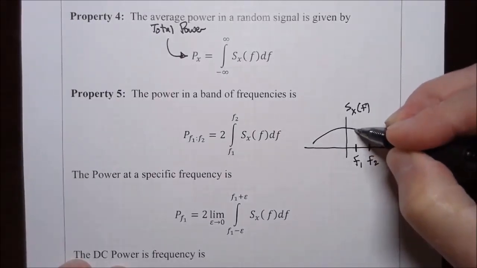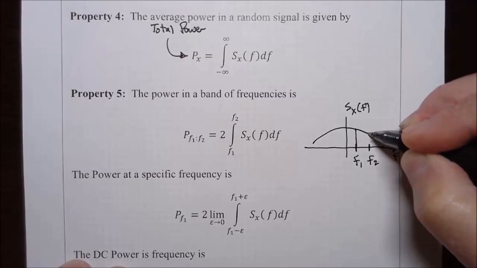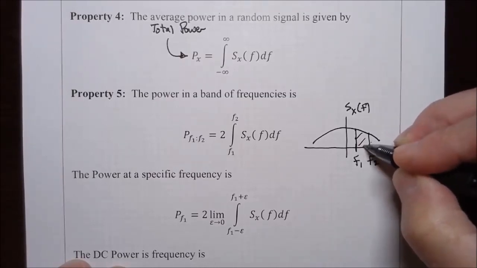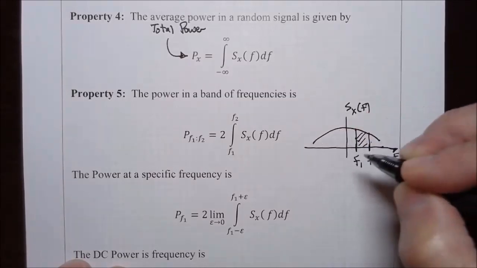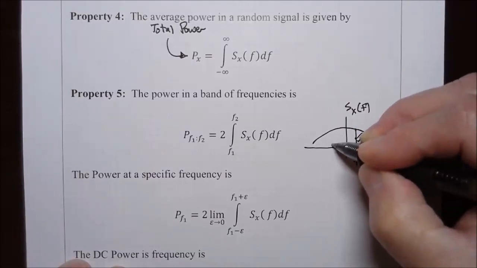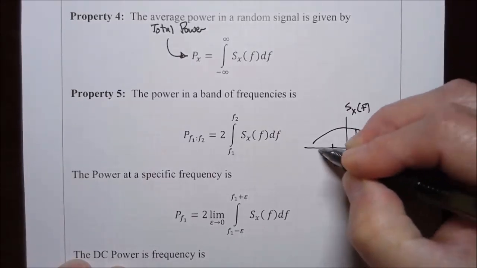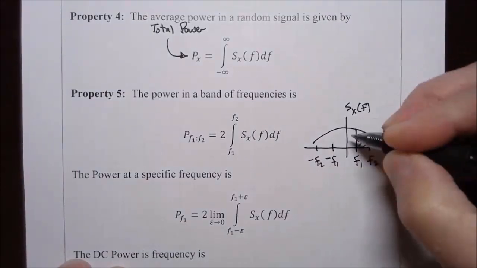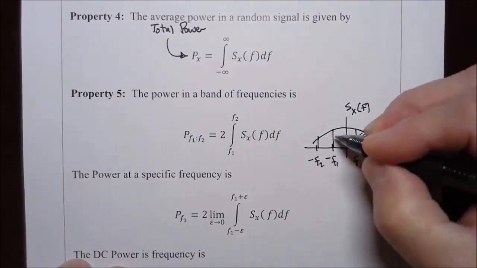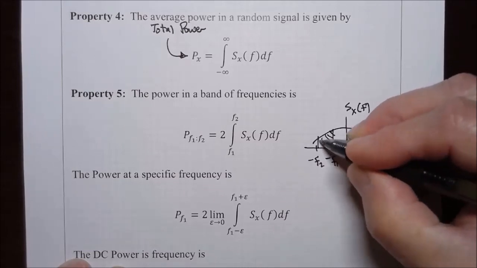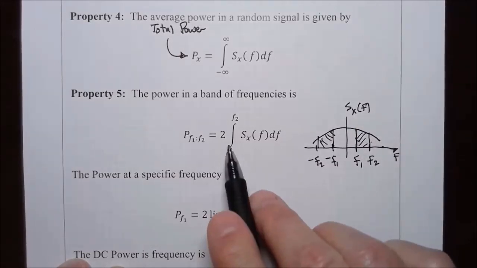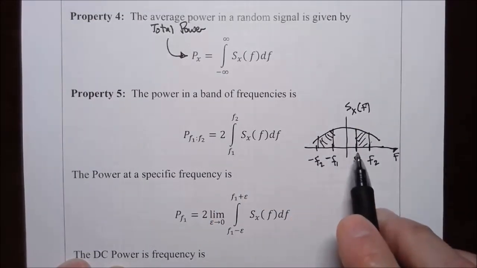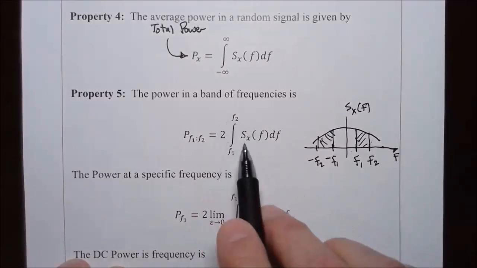We would find that power by integrating this area, but remember, since it's symmetrical, we also have to include the area between minus F1 and minus F2, and since it's symmetrical, the total area will be twice the area between F1 and F2.